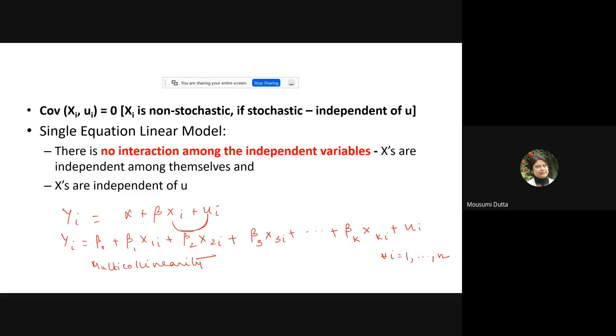Non-randomness of x is a sufficient condition to satisfy this assumption. However, non-randomness of xi is not at all a necessary condition, because xi may be random but still independent of ui.